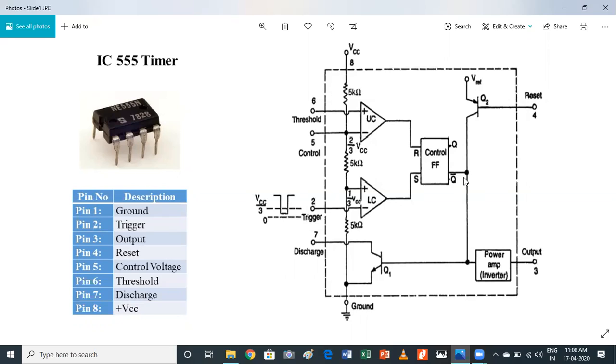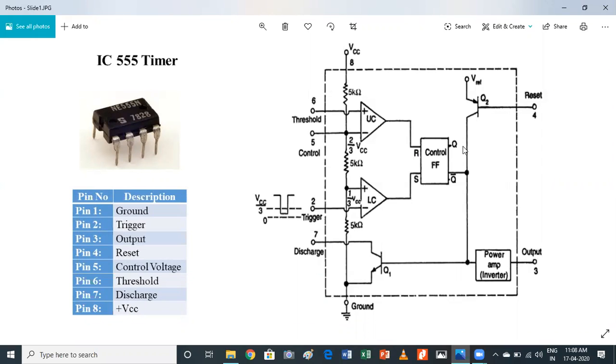In this case, we have taken the flip-flop Q bar output here, so Q bar is acting as the output. When the lower comparator produces logic 1, S becomes 1, R input becomes 0.